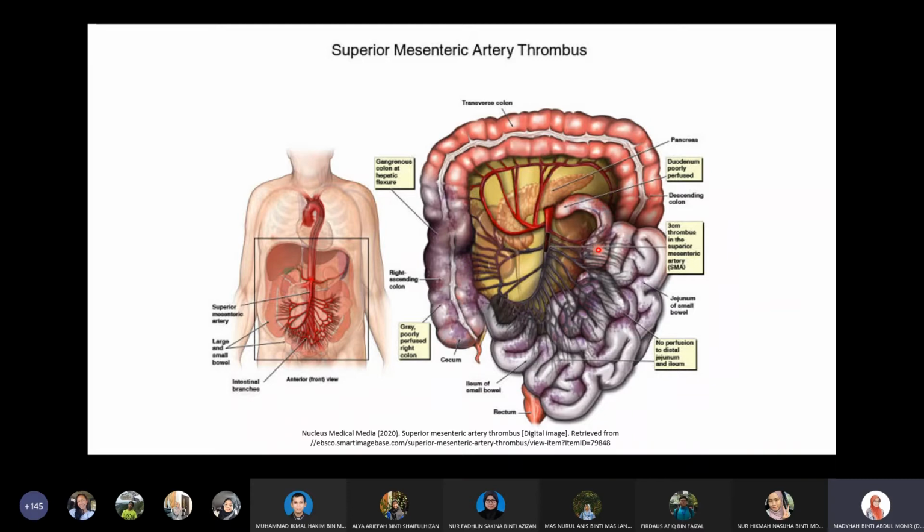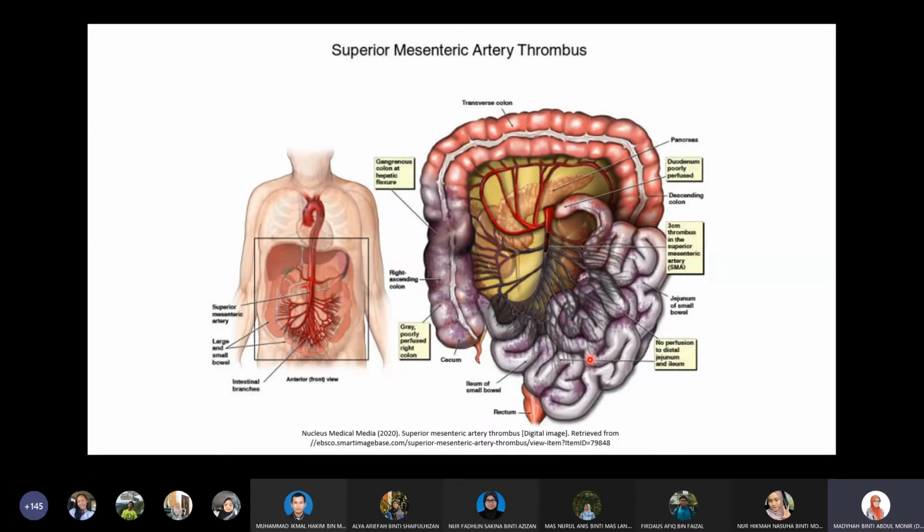Part of the duodenum is also poorly perfused. It also affects the jejunum. You can see here the bowel became gangrenous because there is no perfusion to the distal jejunum and ileum. What usually happens when there is gangrene, where you cannot save this, is you have to cut out this colon, large and small bowel, and the patient needs to go for operation for this.